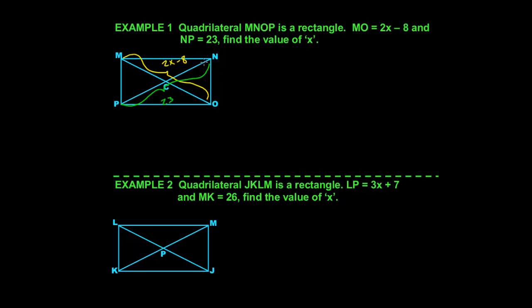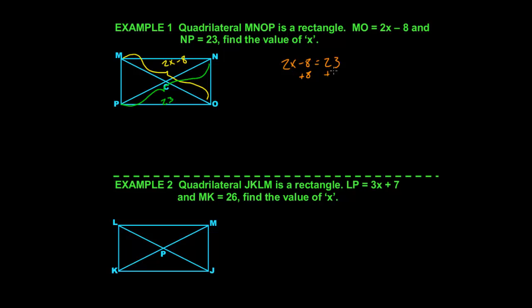Now, what we know about the diagonals is that they are congruent. If they're congruent, that means they're equal. That means MO equals NP. MO, 2x minus 8, equals NP, 23.